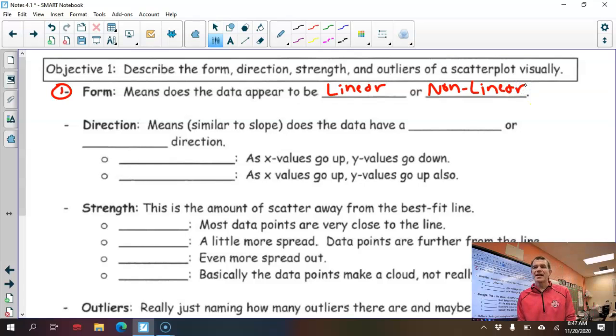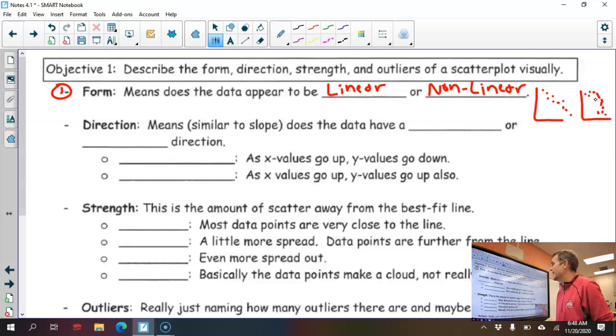There are many different types of nonlinear graphs, but all we care about right now is linear or nonlinear. A linear graph might look like this. That'd be a scatter plot that appears to be linear, whereas a nonlinear graph might look like this. So it kind of has some curve to it.